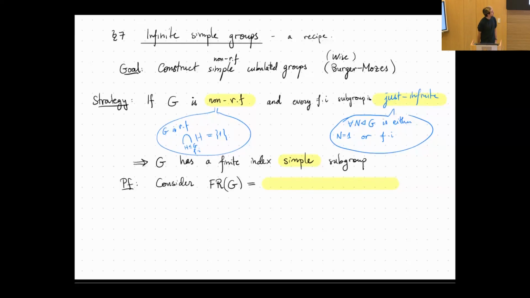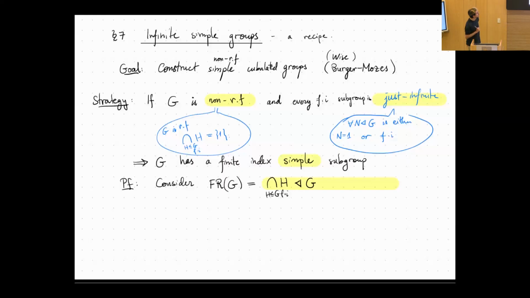You take this intersection of all the finite index subgroups, that's the finite residue. Okay, and you consider this. This is naturally a normal subgroup of G, right? Because if you conjugate it, it's like conjugating those finite index subgroups, and they're all finite index. So this is normal in G, okay?